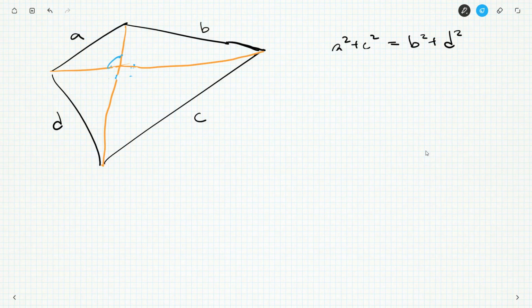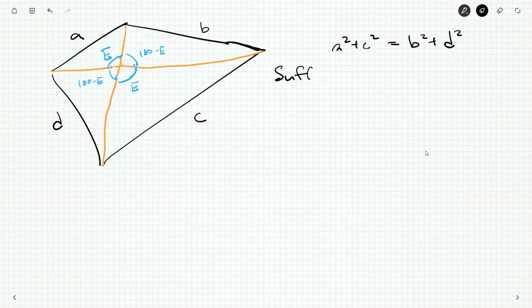So I suppose it suffices just to show that this angle here, which we'll call angle E, must be a right angle. So this is E, and this is 180 minus E, and so on.